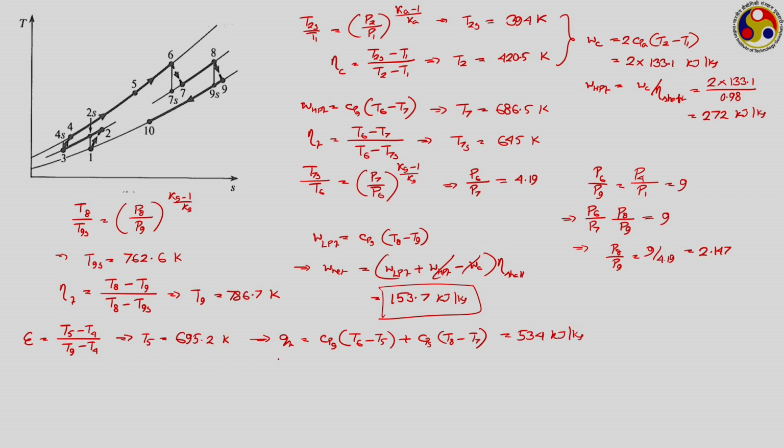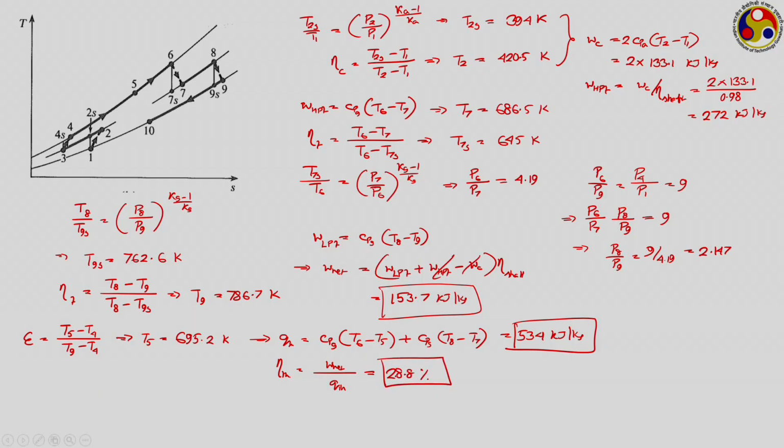So, the thermal efficiency for this cycle is the net work output that we have just calculated divided by this Q in, and for this particular case it will be coming something like 28.8%.